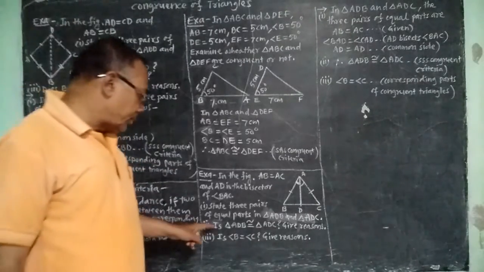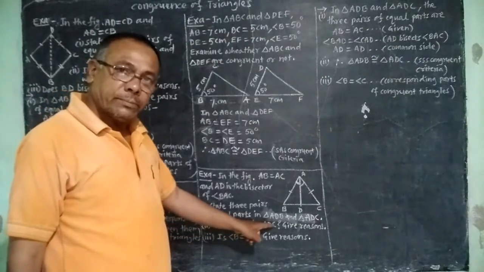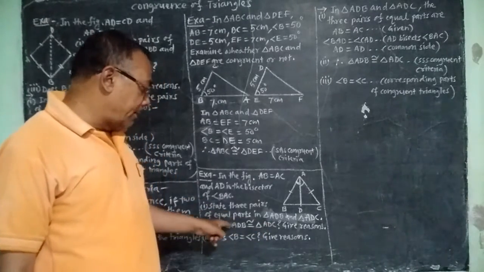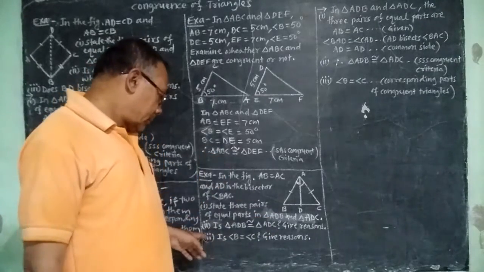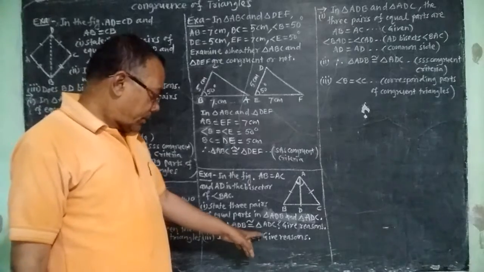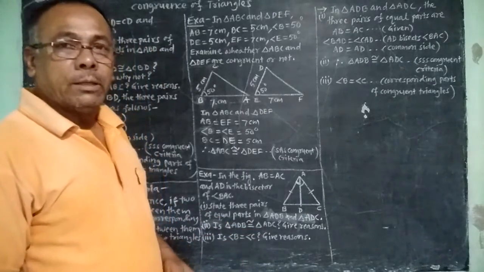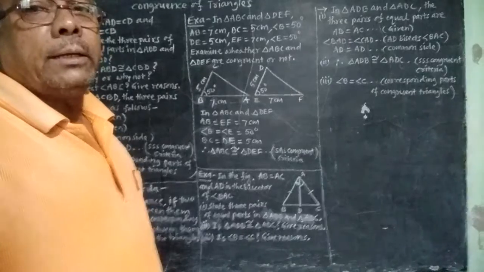Now the second question is: is triangle ADB congruent to triangle ADC? Give reason. And the third question is: is angle B equal to angle C? Give reasons.